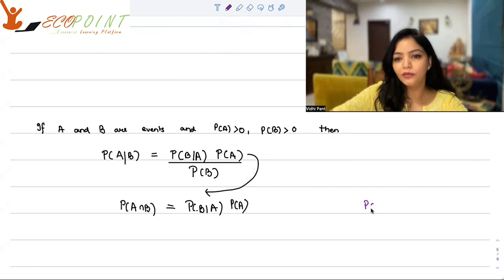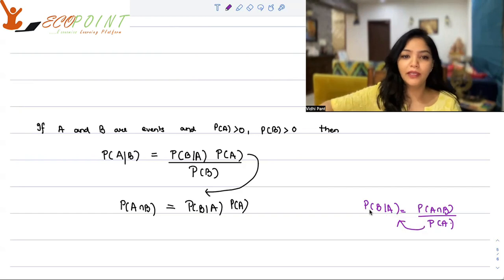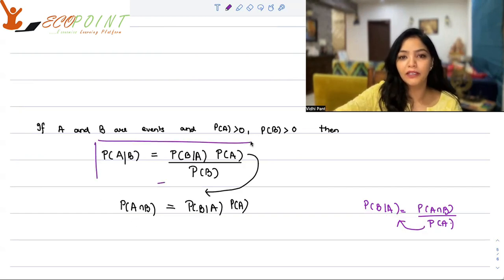See, you all know that probability B conditional to A is nothing but probability A intersection B upon probability A. So if you want to figure out what is probability A intersection B, this goes here, gets multiplied, and this is what is called the multiplication rule. You can apply that here, and this is what you will get as probability A conditional to B.